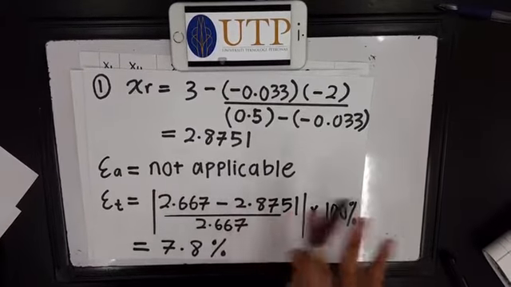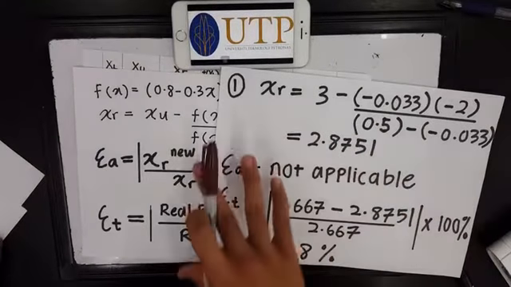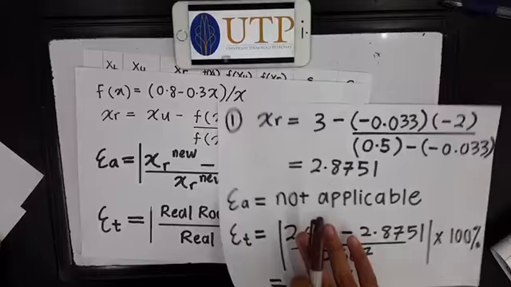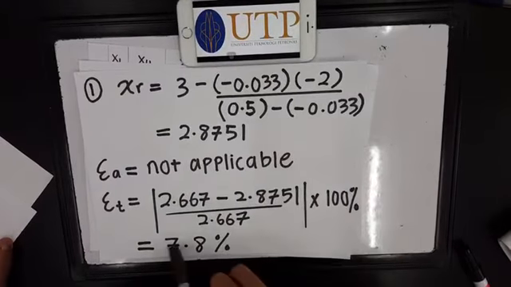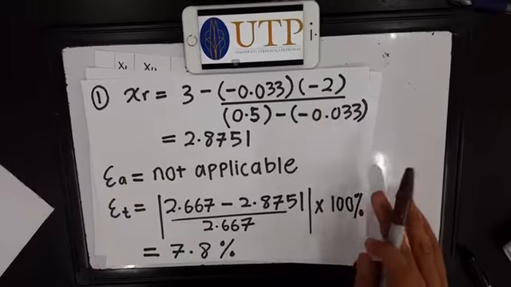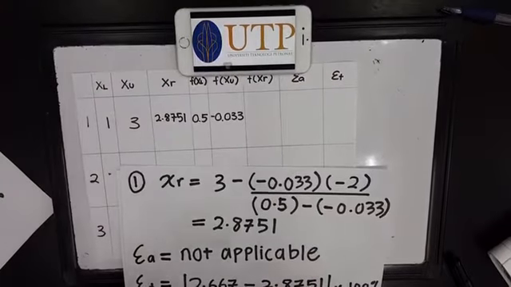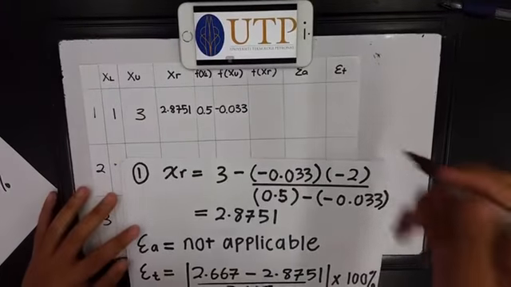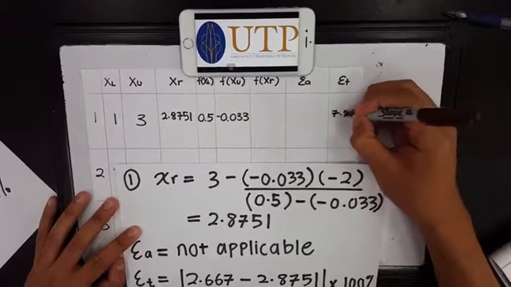We take 2.667 minus the current value, 2.8751, and we obtain a percentage of 7.8%. So let's fill in the table. As you can see here, the true error will be 7.8%.